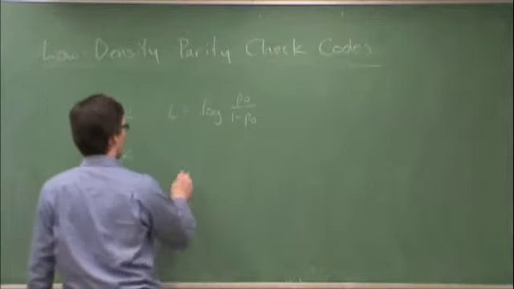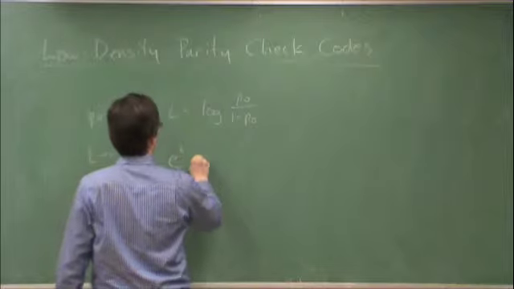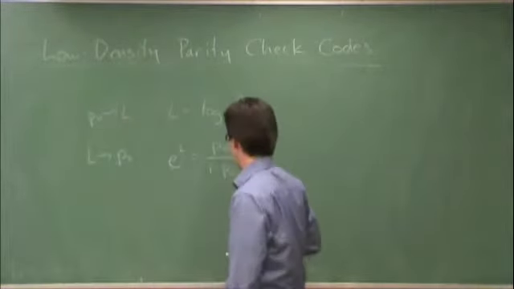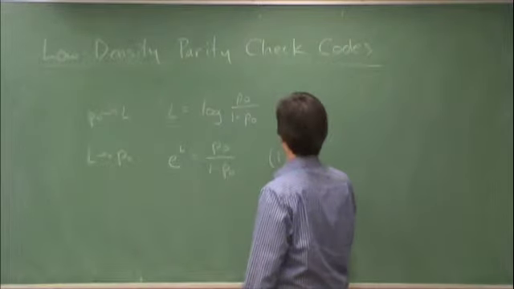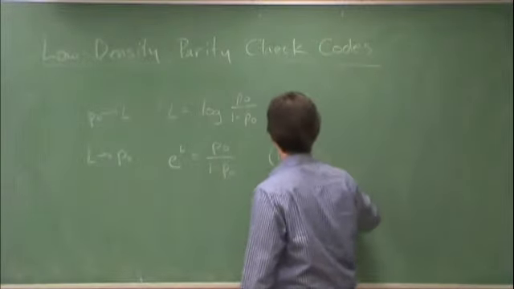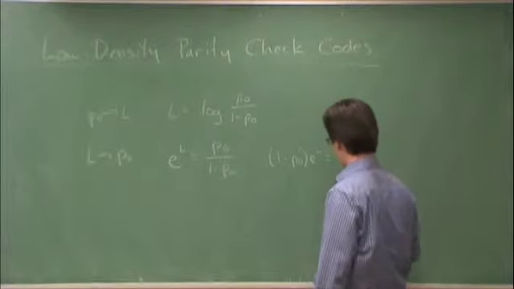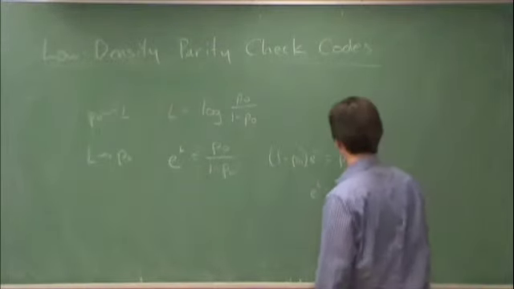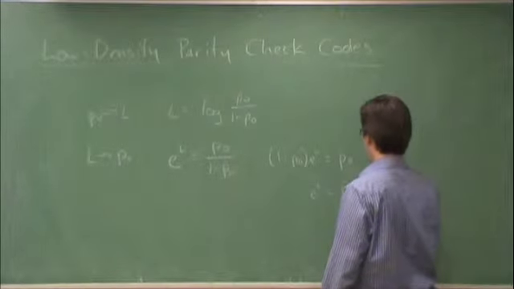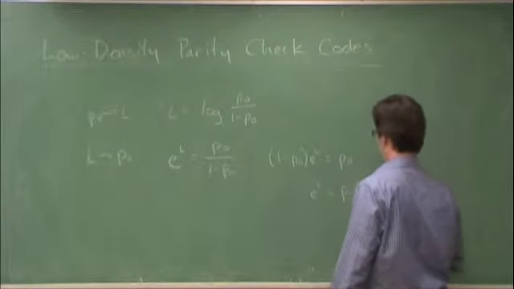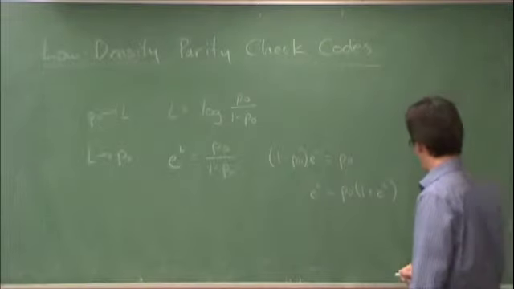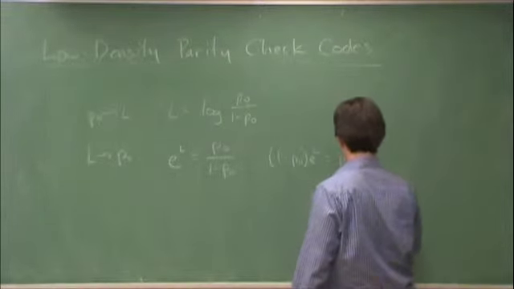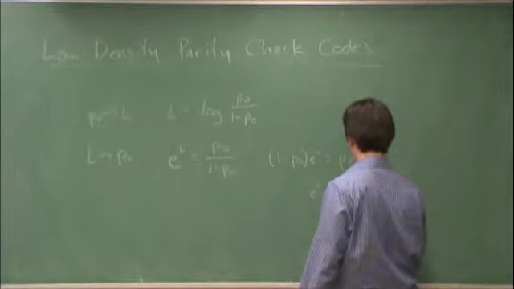We have e to the L is p0 over 1 minus p0. So therefore, (1 minus p0) times e to the L is equal to p0. So e to the L is equal to p0 times (1 plus e to the L). And finally, p0 is equal to e to the L over 1 plus e to the L.